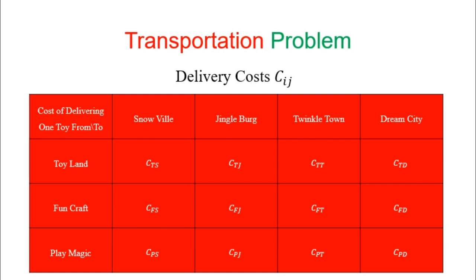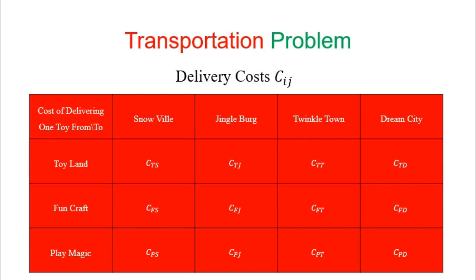Whatever you are seeing in between the top row and the first column, these values CTS, CTJ, CTT, CTD, and so on, those values depict the cost of delivery of one toy from the origin to the destination.